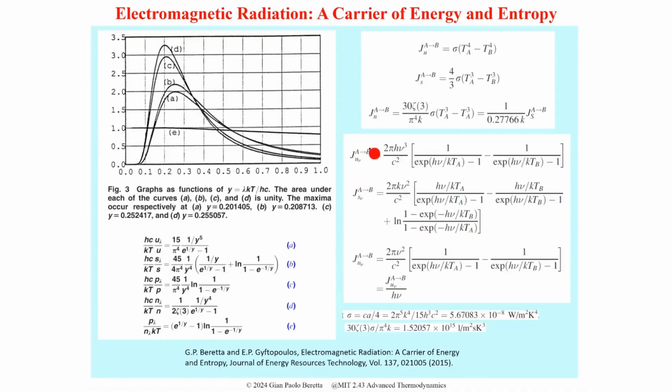And you can do that energy-wise, but also entropy-wise. So this is the flux that is exchanged between body A and body B at temperature T via photons of that frequency nu, or if you want, you can write it also in terms of the wavelength.